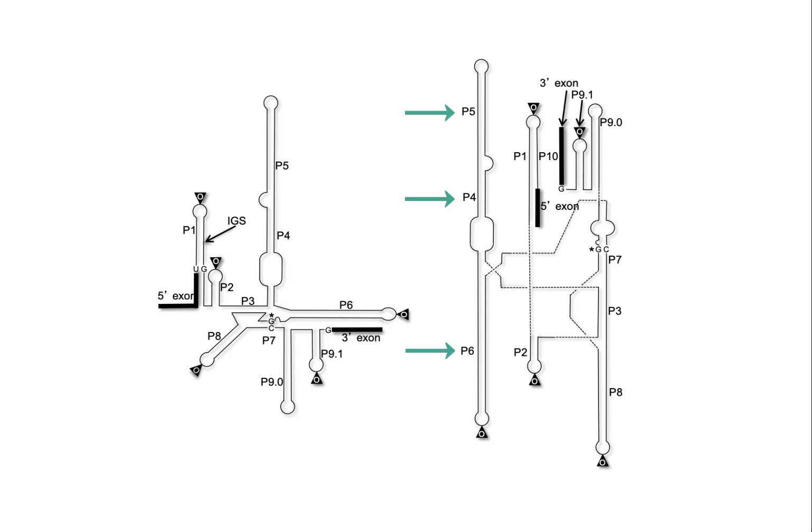Again, the P4, P5, P6 constitute the scaffold. The P1, P10 regions are where the exons are joined, and then P7 is where the free guanosine is held for the first part of the reaction. Again, you can see the little triangles with O's in them. Those are open reading frames, often encoding a transposase, which is an endonuclease in this case.